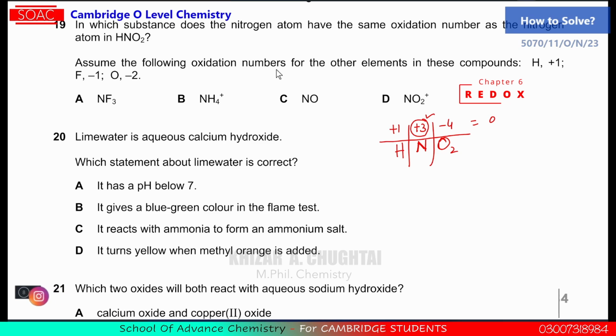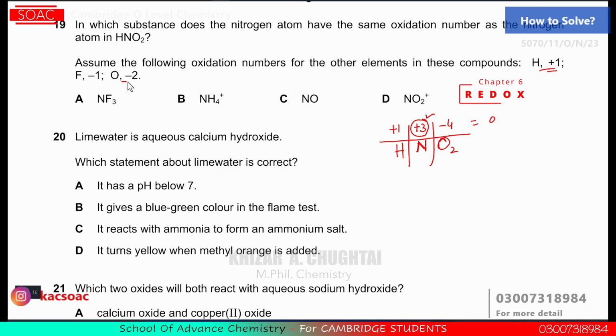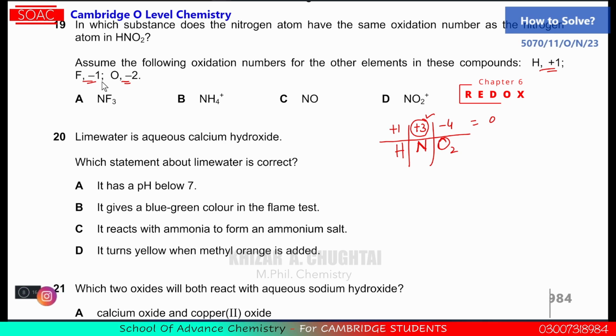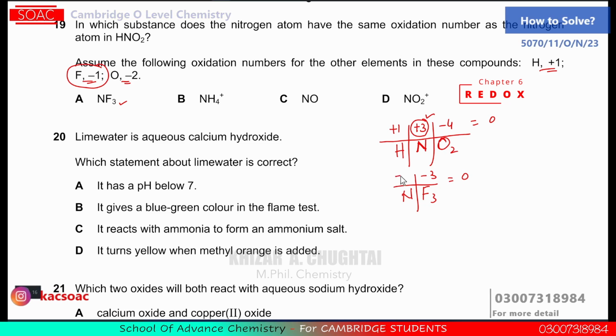Assume the following oxidation numbers for the other elements: H is equal to +1, O is equal to -2, F is equal to -1, and so on. Now, where is nitrogen +3? Let me check the first option, NF3. As it's given that F is equal to -1, -3 will be over here, and to make the sum equal to 0, we will write +3.